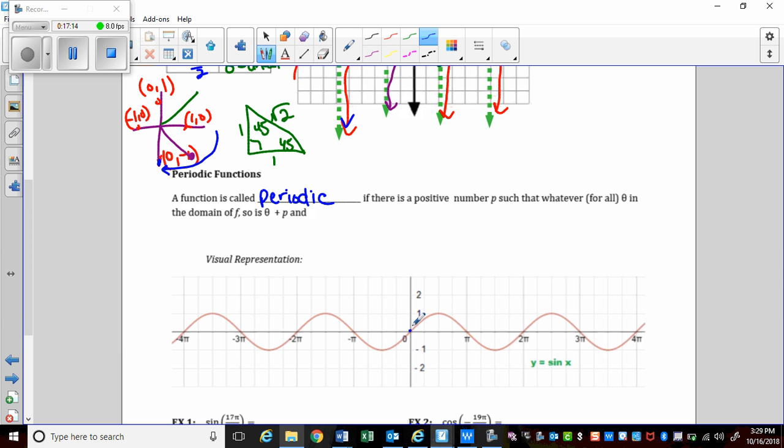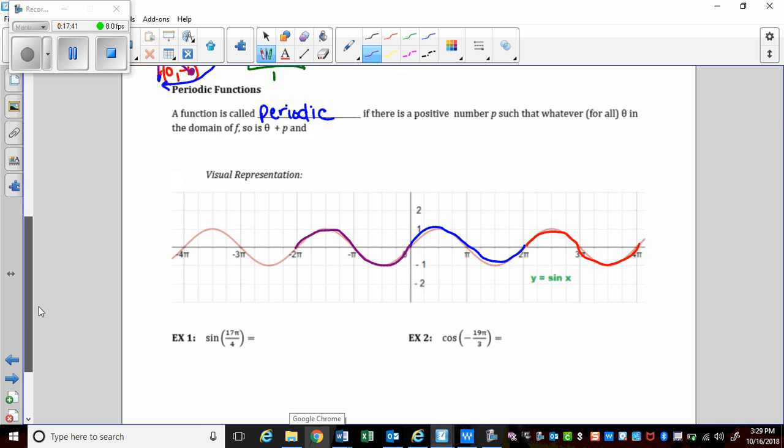Sine starts at 0, and then we said the period is 2 pi. Because after 2 pi, do you guys see that it just keeps going? It's the same thing over again. Do you see that the blue curve and the red curve are going to be the same? Also, the purple curve is going to be the same. It starts at 0, goes up, 0, -1, 0. That's the same as the blue one. So sine is periodic.